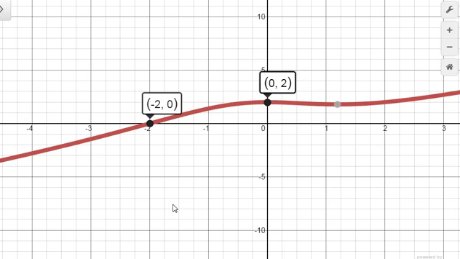Let's take a look at problem number 32. r of x equals 2x minus 3 over x squared minus 1.